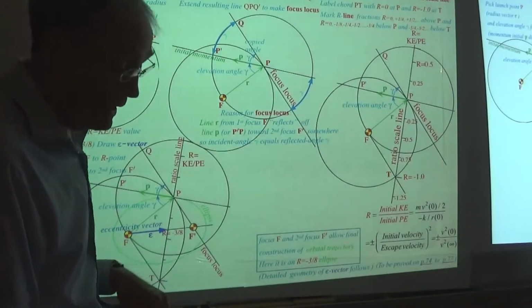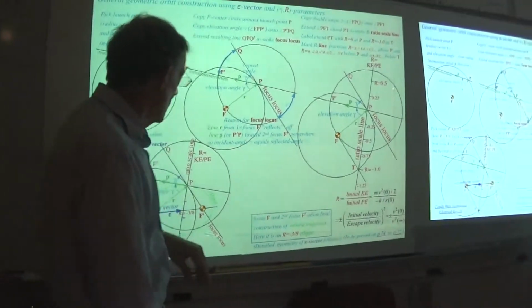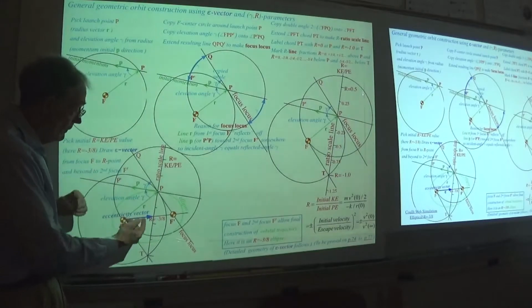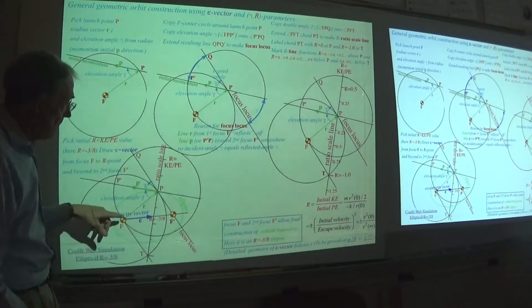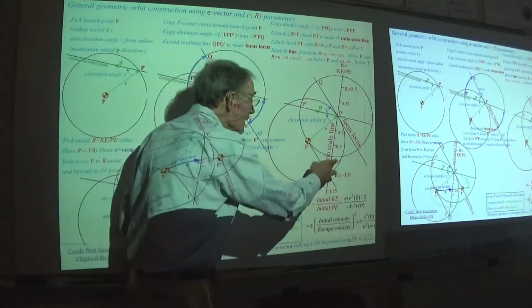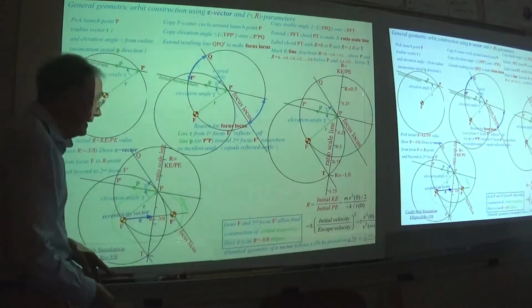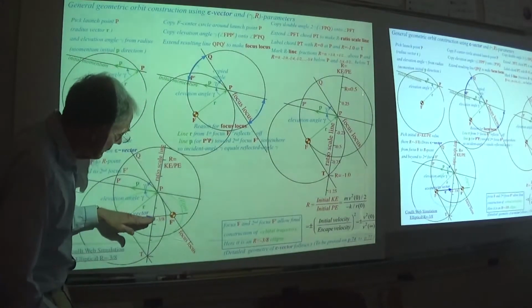Let's just go ahead and see how this works. If I decide that I want to throw this thing with an R of -3/8, and I've made this little scale here with 3/8 on it, and that's right about there, I go ahead and draw a line through that to there.